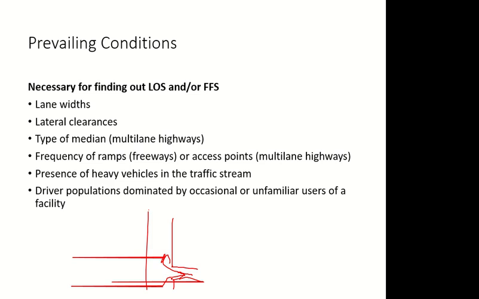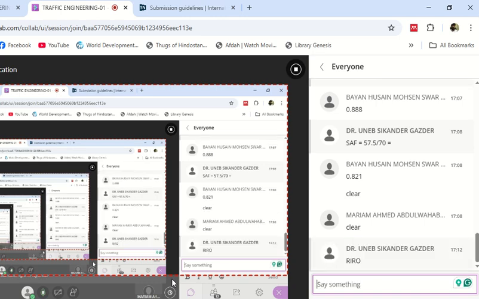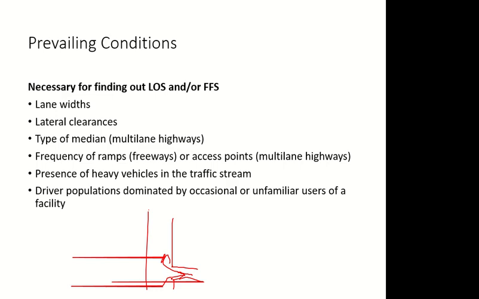So an access point is for right entry and exit, and in Bahrain they call them right in, right out. They are not ramps. You are not going up and down; it is at the same level, at grade. This is only for right: you can go in right and come out right.